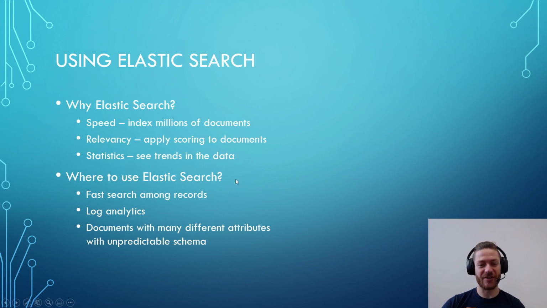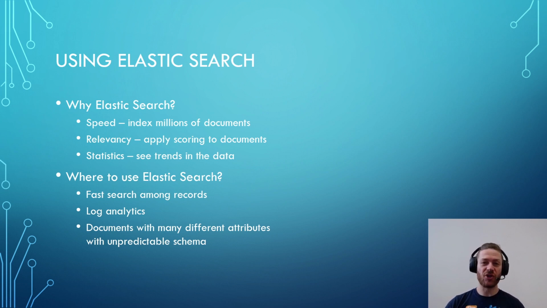You can use Elasticsearch for log analytics because usually when you log information in your application, you have a lot of data. You have a huge amount of records in terms of logging.